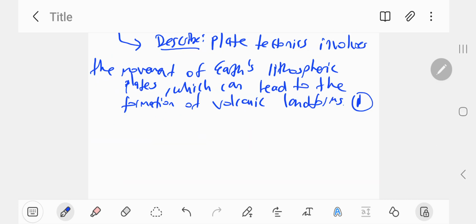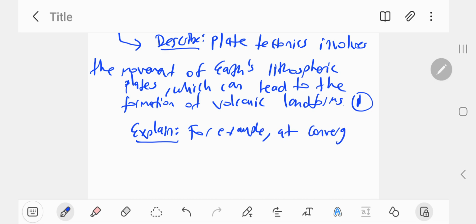And then explain. This is where I have to show cause and effect. Okay, explain means cause and effect. I forgot to mention this in the previous video, but anyway. So you can write, for example, I'm going to stick with convergent boundaries. At convergent boundaries where plates collide, so it's always good to add detail as much as you can, so markers can see what's happening, what your thought process is.